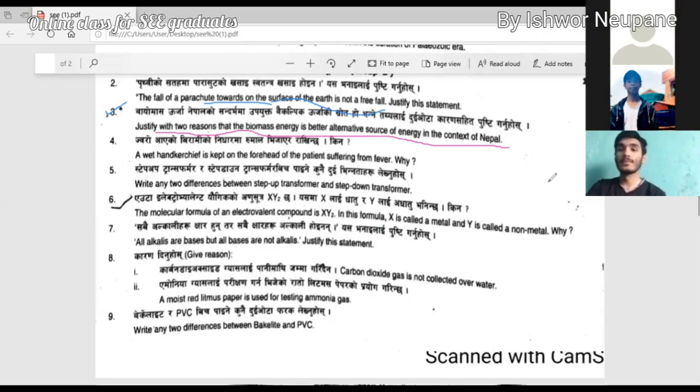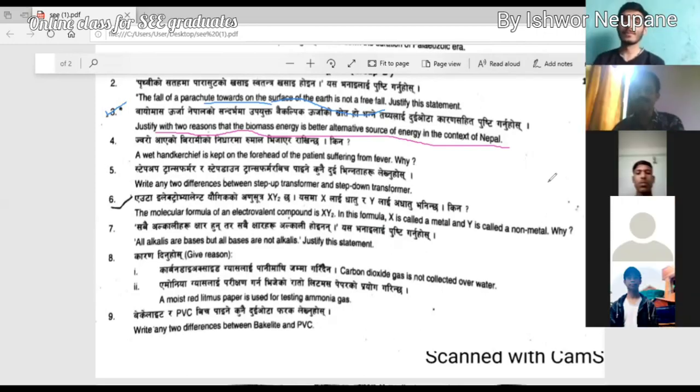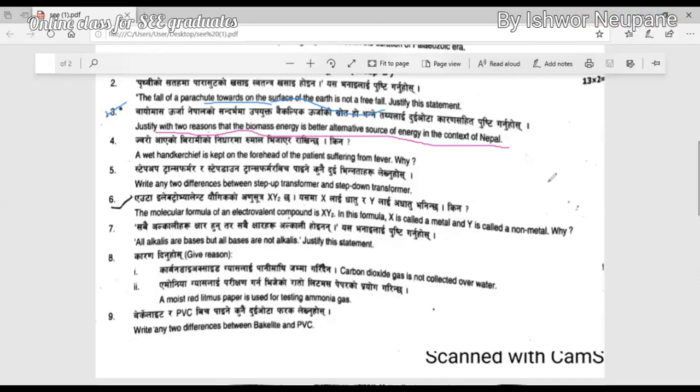Students, can you say the reason? Yes, because the materials required to produce biomass energy are more in number. It can produce enough energy to help people run daily equipment. It means Nepal is an agricultural country.